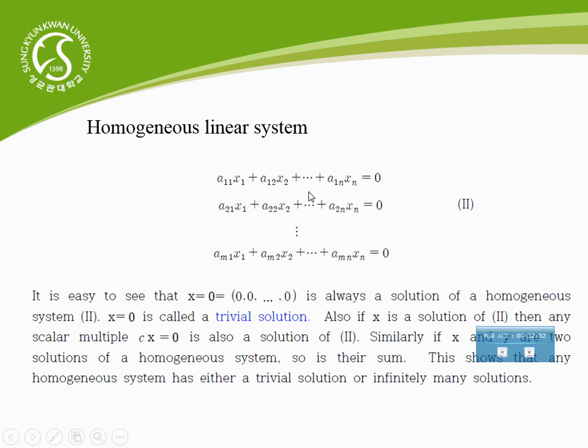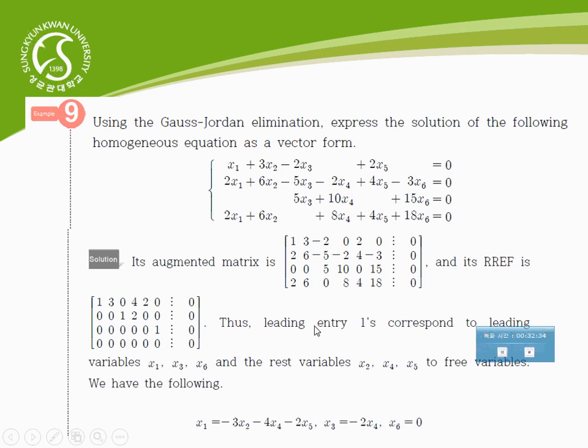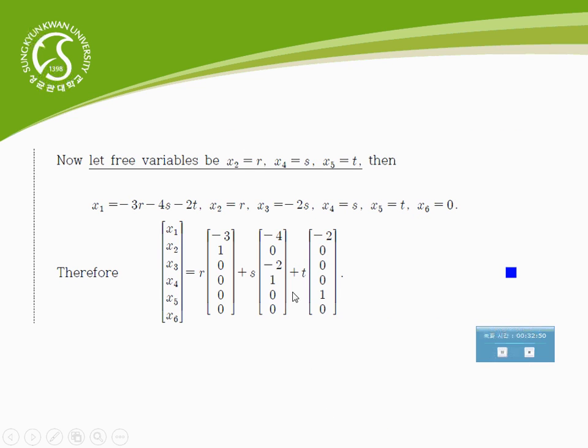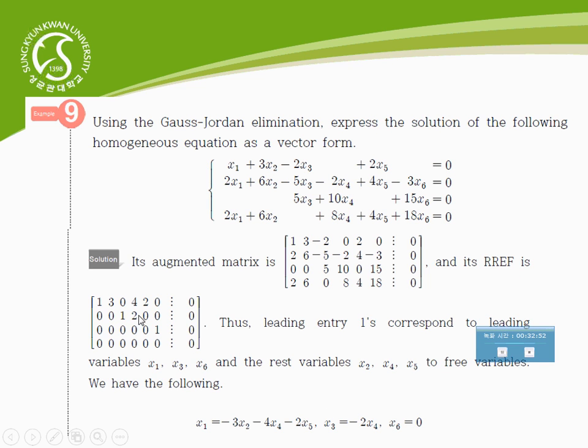And homogeneous linear system and trivial solution, yes, we have learned this. If it's a homogeneous system, then the augmented matrix always looks like this, where the last column vector is 0. Do the same thing to find the RREF or REF to find the solutions. Then as you see here, leading variables are x1, x3, and x6, and x2, x4, and x5 are free variables.